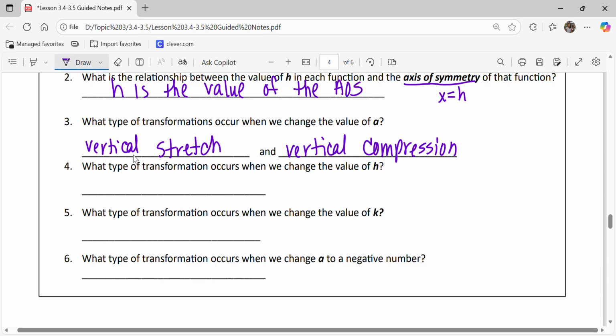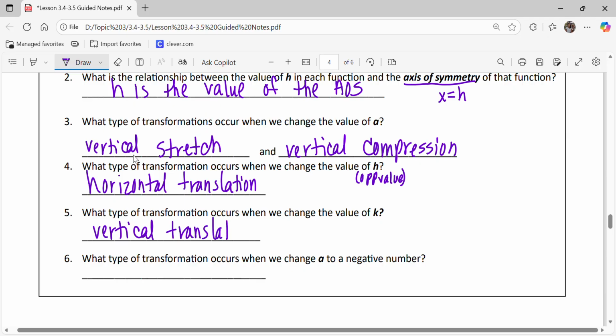It would be a horizontal translation. But remember, we always need to think of the opposite value. What type of transformation occurs when we change the value of k? Vertical translation. And what type of transformation occurs when we change A to a negative number? It is a reflection over the x-axis.